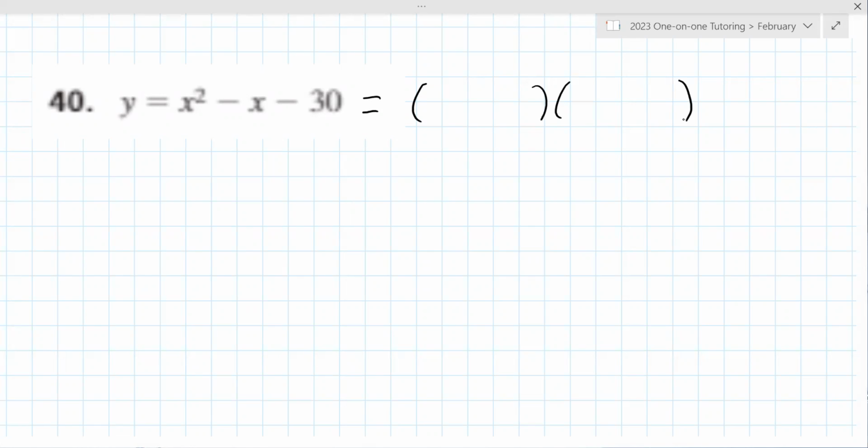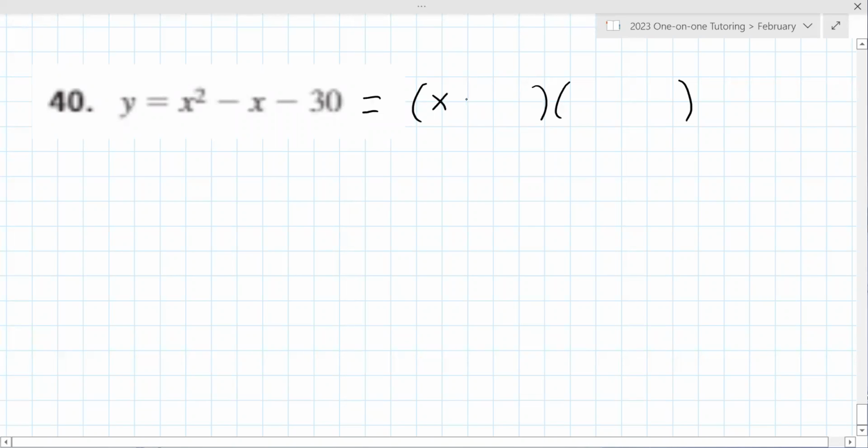Factors would be, so it has to multiply to -30 and add up to 1. 6 and -5, so x minus 6 times x minus 5. Oh wait, no, I was right the first time. Your signs are off because it's got to add up to -1. So then x plus 5, x minus 6.